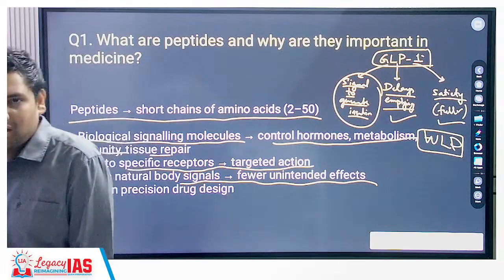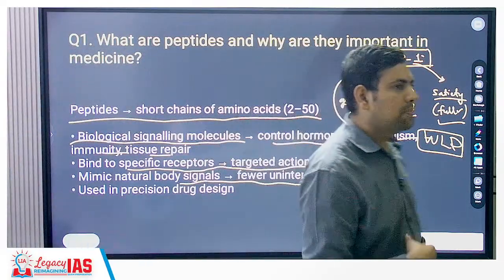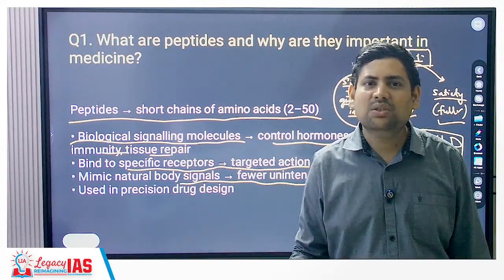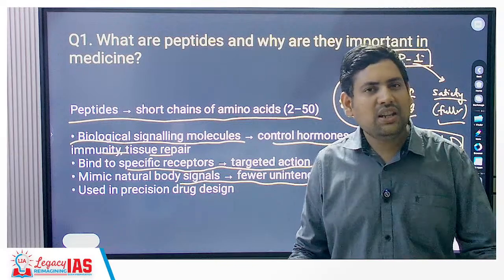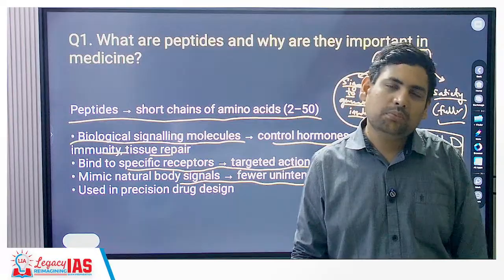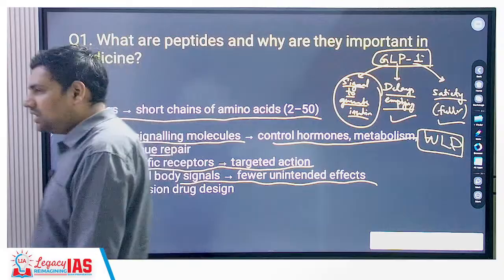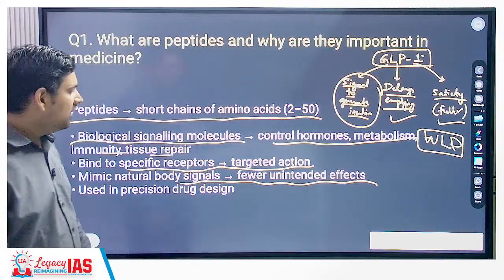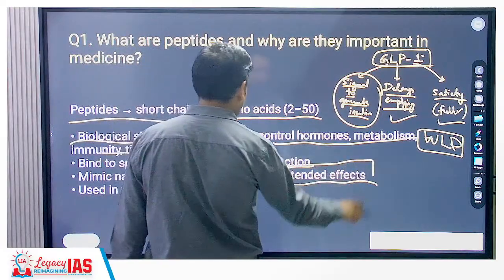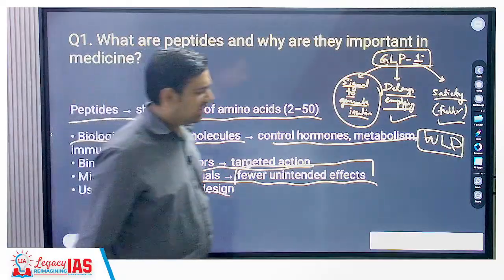Because they are similar to what you have in your body. Like if you were to stop feeling hungry from taking something from outside, that is not what your body does, then it can cause some other kind of side effects or your immune system behaving weirdly to it. But because this is very similar to the one that is released in your body, that is why it will have fewer unintended effects. Then used in precision drug design, correct?